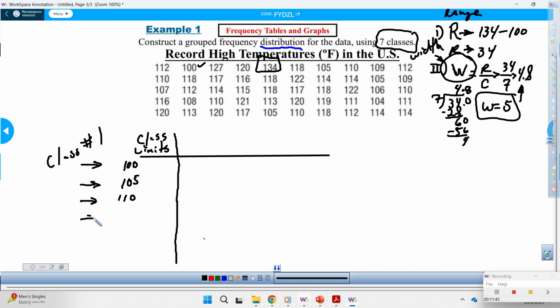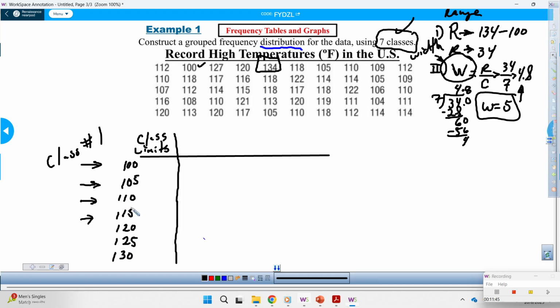What will be the next class? 115. The next one. 120. The next one. 125. How many do we need? 7. So we got 1, 2, 3, 4, 5, 6. We need one more. That's 130.